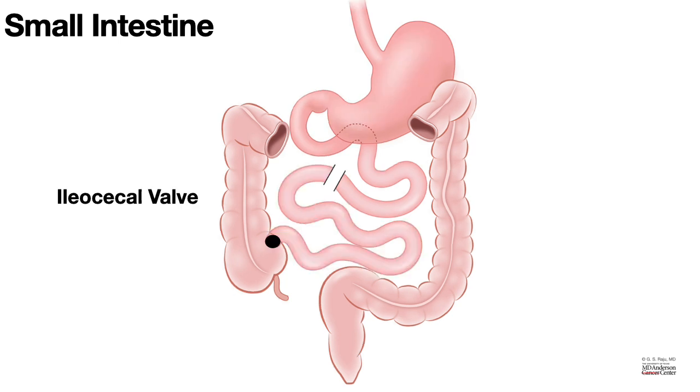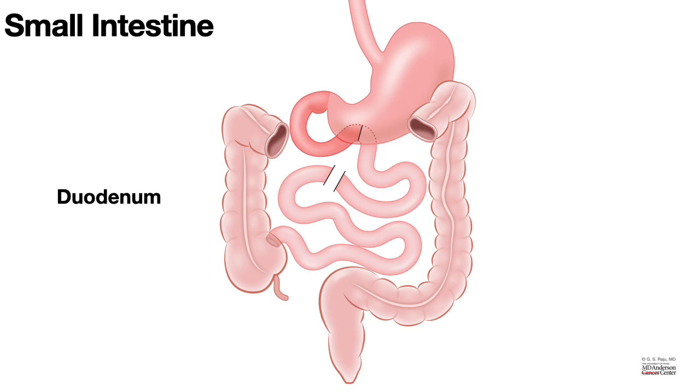There is a valve, the ileocecal valve, that puts a brake on exit of contents from the small intestine into the colon. And this is the valve that we look at when we do the colonoscopy. So let us learn a little more about the duodenum.